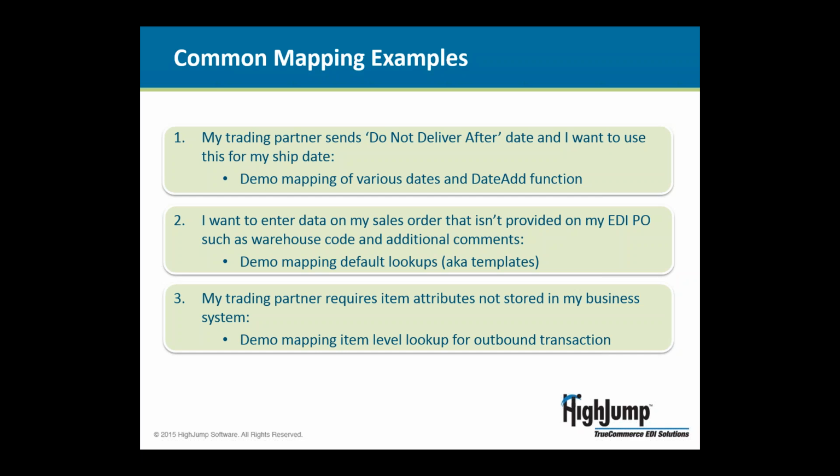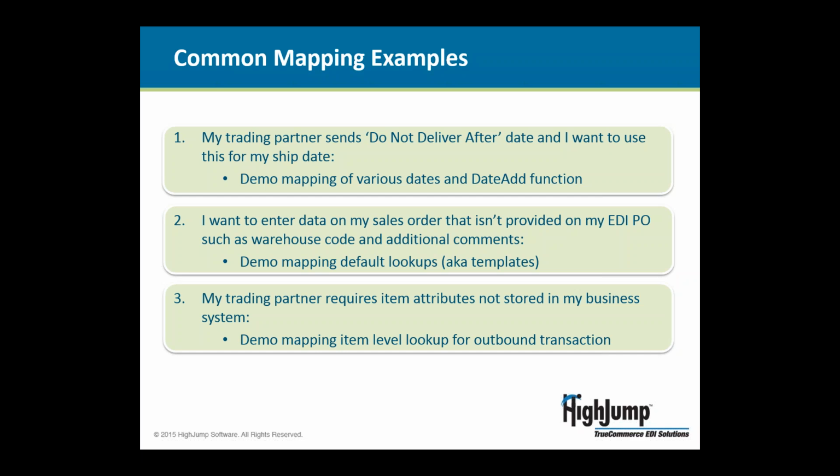Well, that warehouse code might be derived by some parameter that comes in on the order, or maybe even just something simply by the item code being ordered, or the ship to state, or even just a particular store or DC determines whether it's out of your East Coast or your West Coast warehouse, or any other warehouses that you have defined. Really, the ship from location is what we're talking about. So again, the ability to map that logic right into the system.